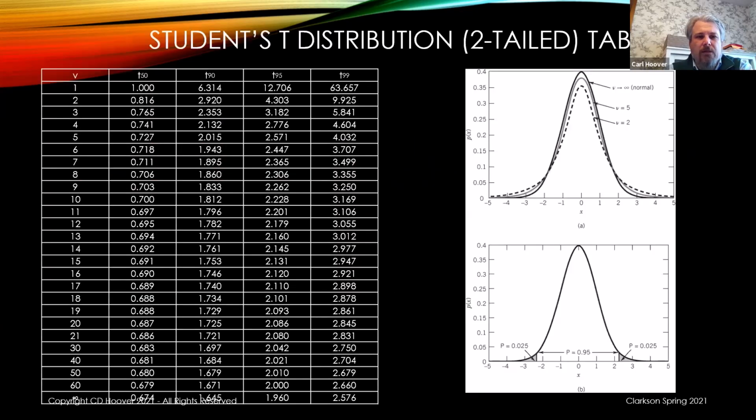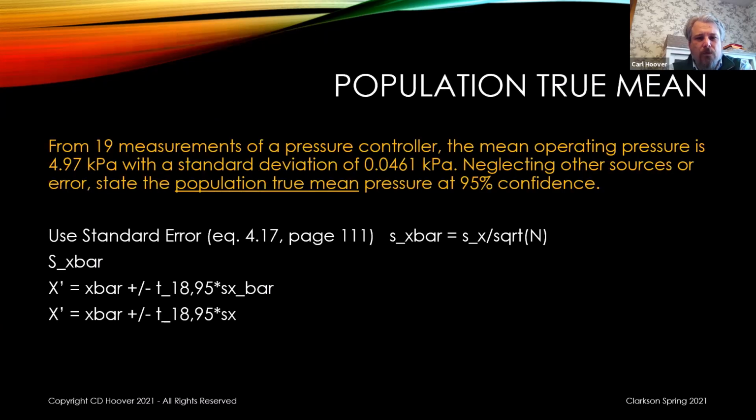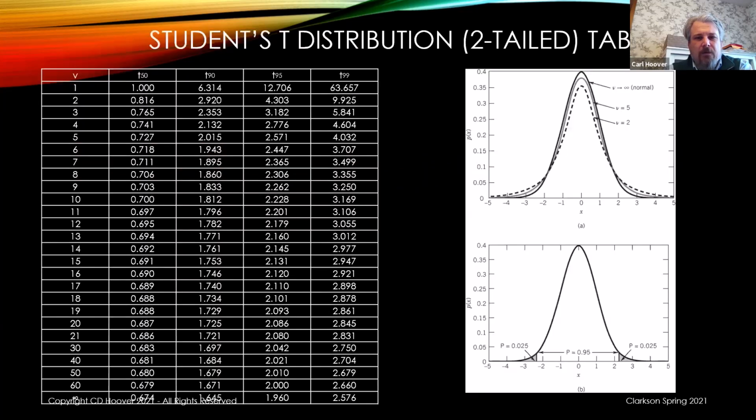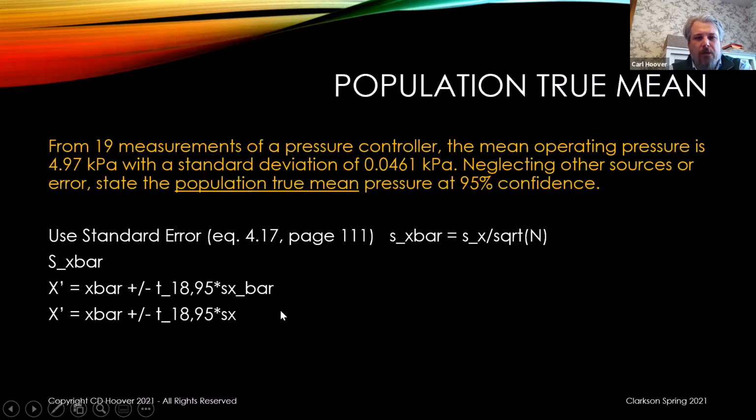So if we look at the student's t, this is table 4.4. Well, let's see, we have 19, 95%. So 19 is right here, 95%, 2.093.